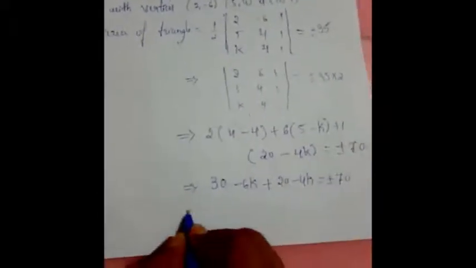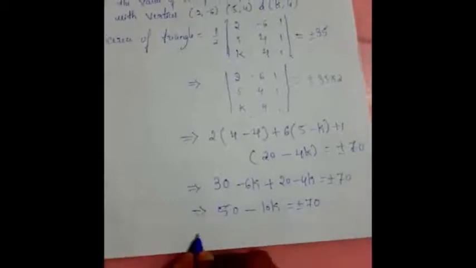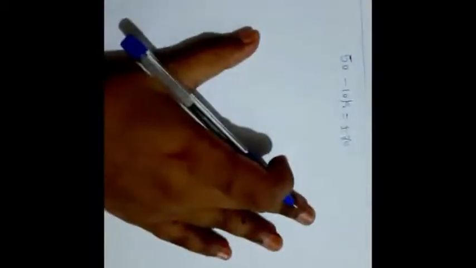Okay, next 30 plus 20 is 50 minus 10k is equal to plus or minus 70. See here, 50 minus 10k, and plus or minus 70 is there. Suppose the possibilities are plus 70 or else minus 70.